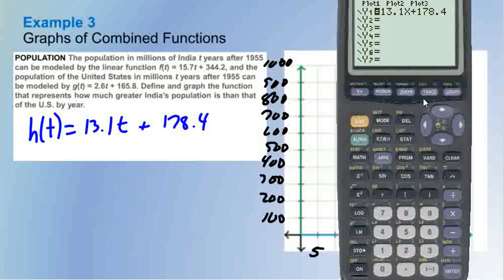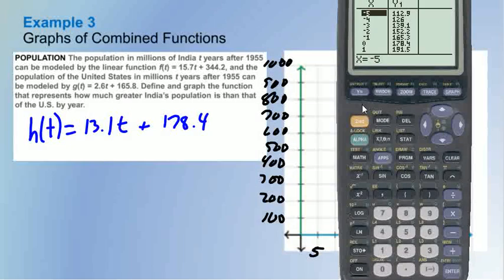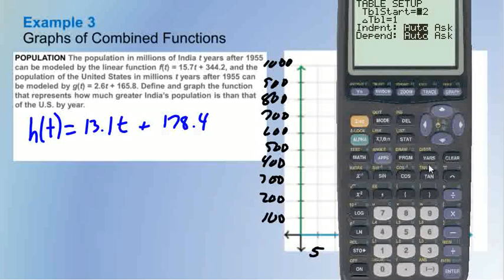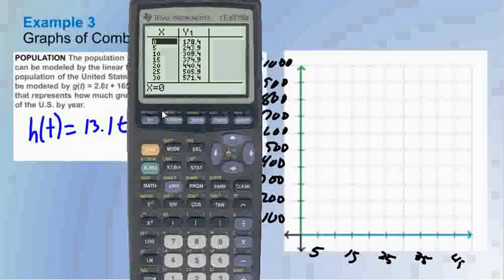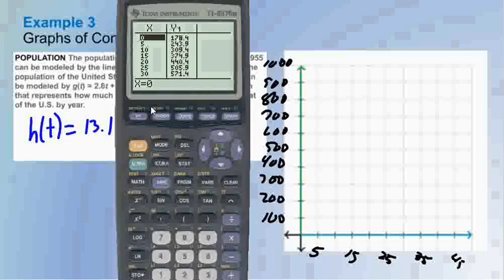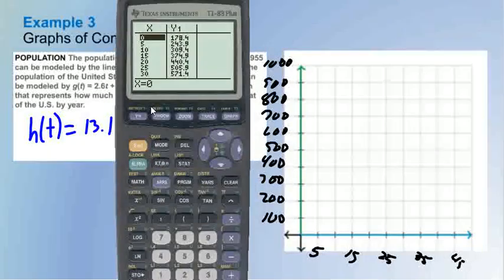We do a table of values, so second graph, we're only going to go with the positives. We're going to change our scale to just count by 5. So we'll start at 0, and we'll count by 5s. So 0 and then 178. So 0, 178 would be roughly here.